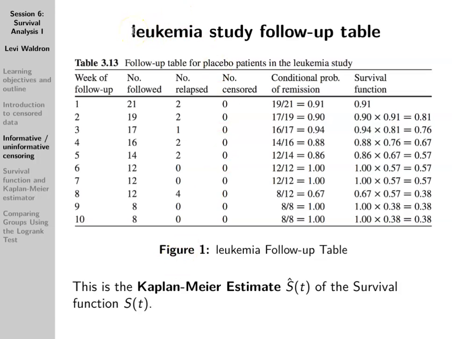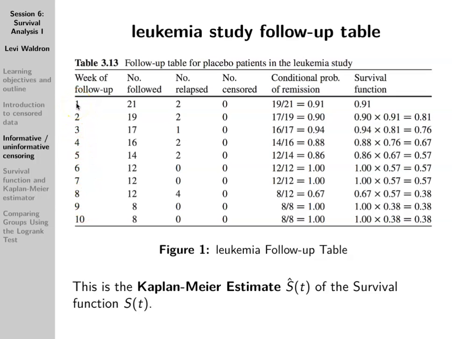So from the textbook, this is what is called a follow-up table for this study, and this is for the placebo patients here. It has a row for each time point. It doesn't really matter whether it's 1, 2, 3, 4 weeks.